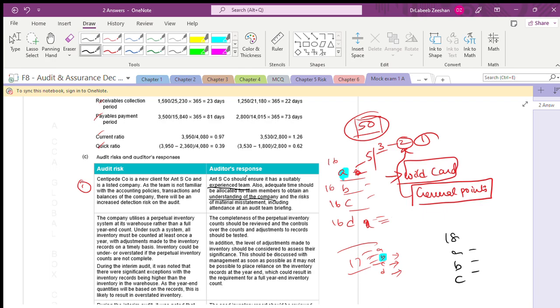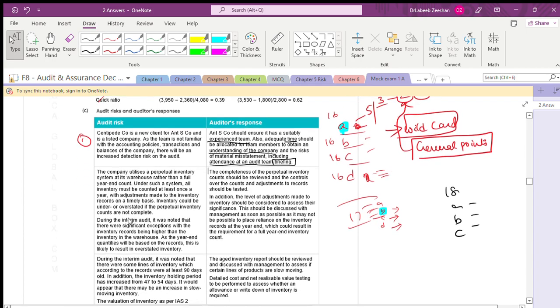Ensure that a suitable experienced team and adequate time is allocated for team members to obtain the understanding of the company and risk of the material, including attendance at the audit team briefing. Nobody should skip the team meeting. This is the first one.